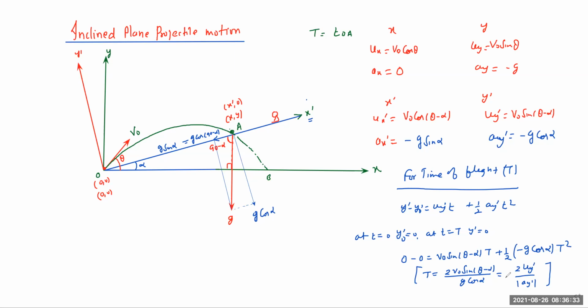And what you need to remember is that the moment you change the axis from horizontal to anything else, g will bring its component in both directions. That realization is very, very important. g has no component along x or horizontal, but it will have a component along any other direction. So now you got the time of flight.